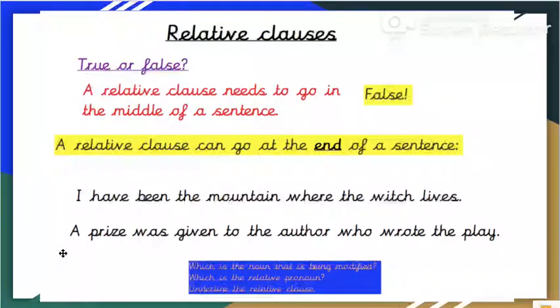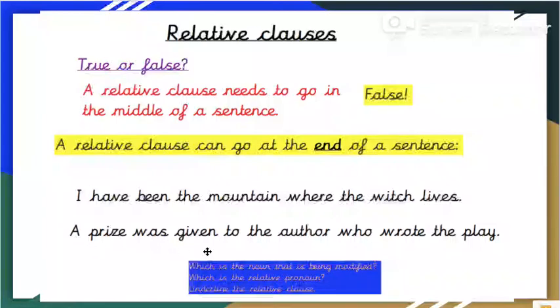So I have been to the mountain where the witch lives. Okay, so here I've got mountain, that is the noun that I'm modifying, and where is my relative pronoun, and so my relative clause, where the witch lives, has come at the end of the sentence.